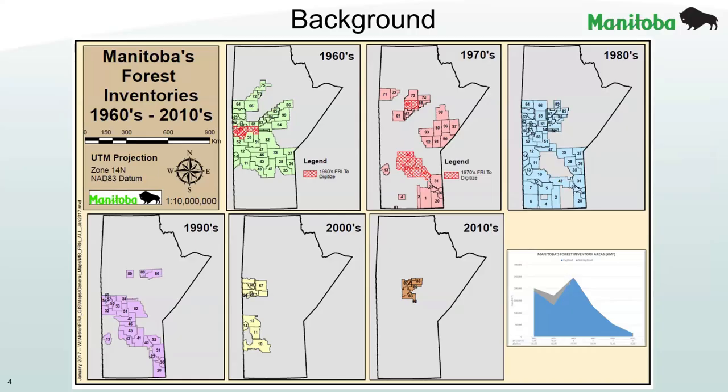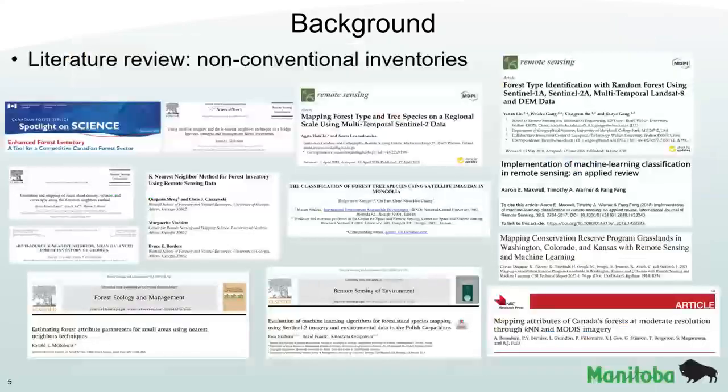There was focus on collection in the 80s, prior to that the 60s, but really in the 2000s and since, there hasn't been much inventory capture. If I was to include the 2020, you'd see an area in the southeast of about 800,000 hectares. So costs and timelines have resulted in not that much inventory capture.